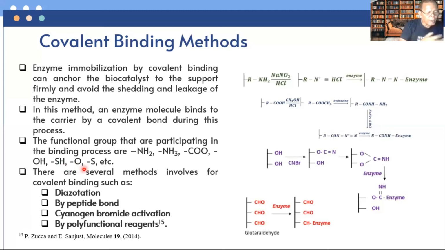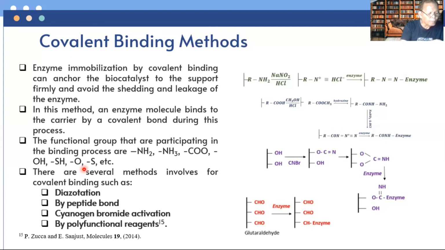There are several methods involved for covalent binding, such as diazotation. It involves bonding between the amino group of the matrix and the tyrosyl or histidyl group of an enzyme, on reaction with sodium nitrate and hydrochloride.